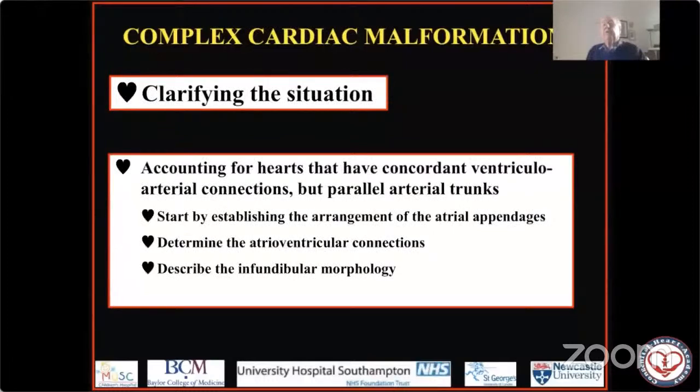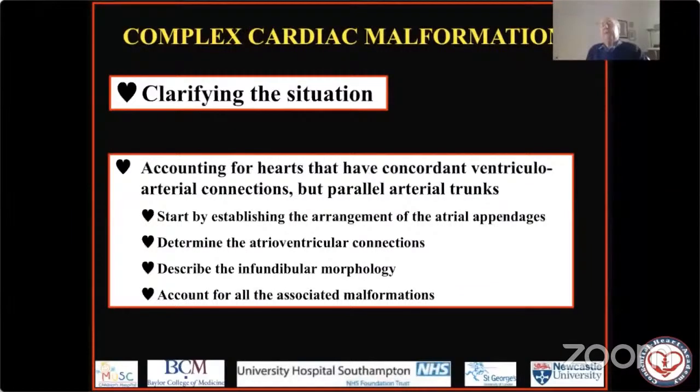The arterial trunks are going to arise from their appropriate ventricles, so we need to find out what is unusual in this setting. So we need to look at the infundibular morphology, and then we need to account for all the associated malformations.